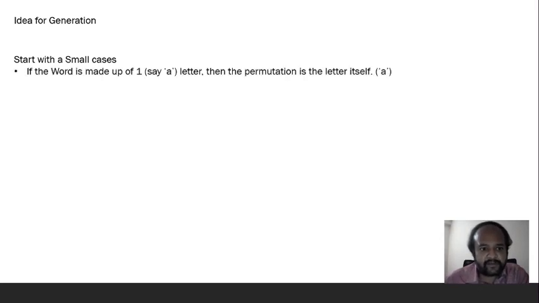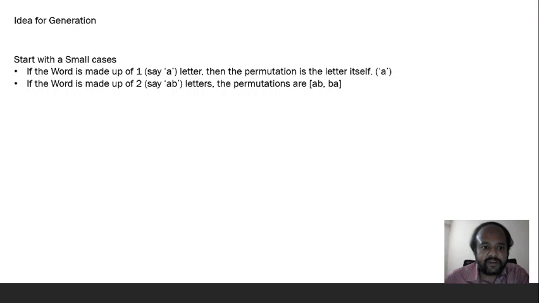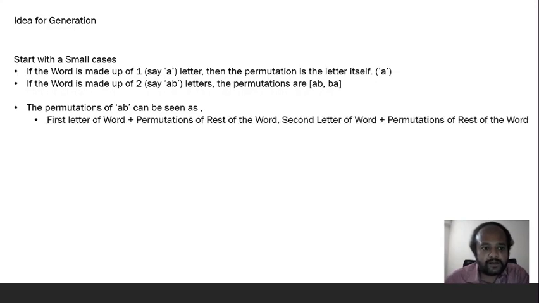If the word is made up of one letter, like we discussed before, then the permutation is the letter itself. If the word is made up of two letters, we also saw the two possible permutations are AB and BA. Now, let's take a deeper look at how the permutations of AB can be seen. The permutations of AB can be seen as the first letter of the word, right? The word is AB.